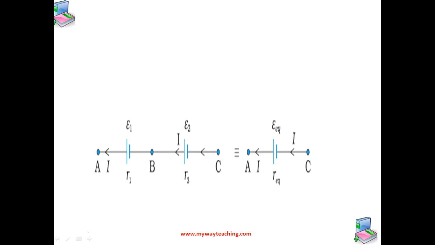If you connect two negatives end to end, then we'll get VDC is equal to minus epsilon 2 minus IR2. And we'll get the equivalent value of EMF as EMF 1 minus EMF 2, if two negatives are connected. Okay.